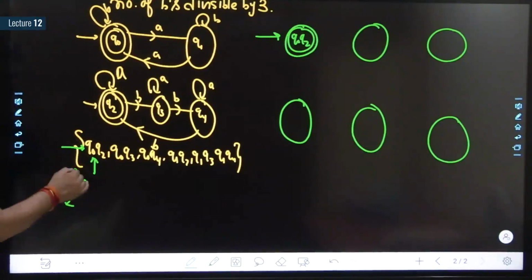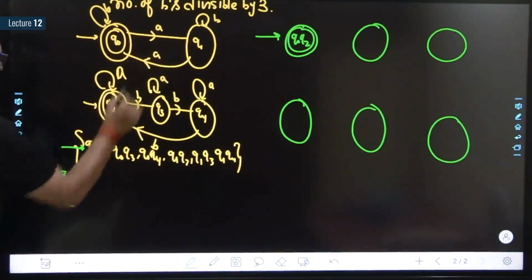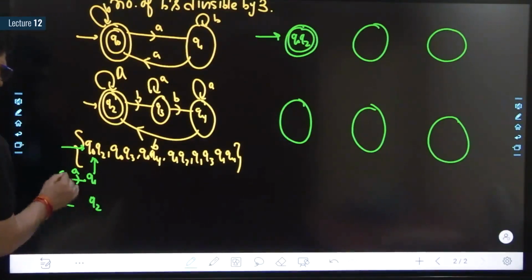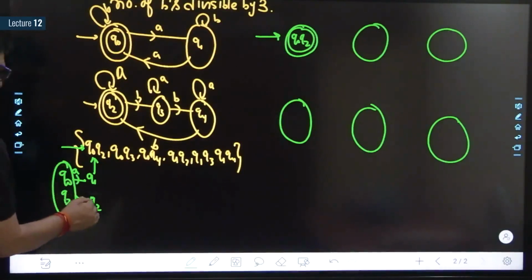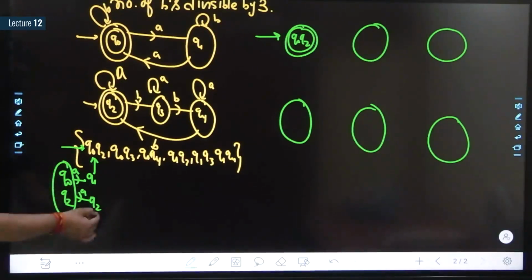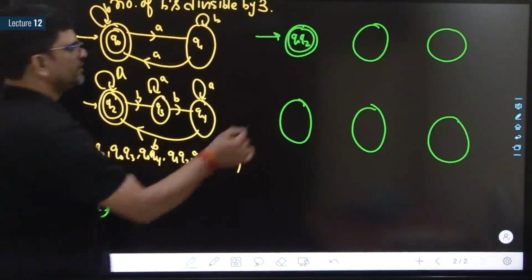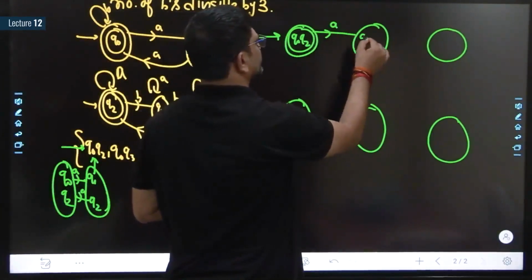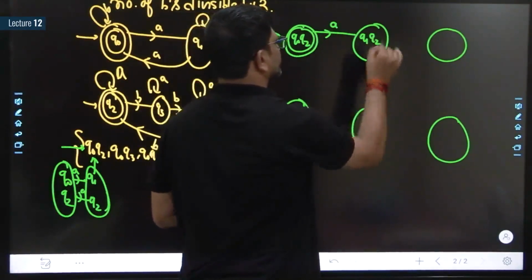Q0 on A goes to Q1, Q2 on A goes to Q2. So the transition on A of state Q0Q2 is Q1Q2. Clear?